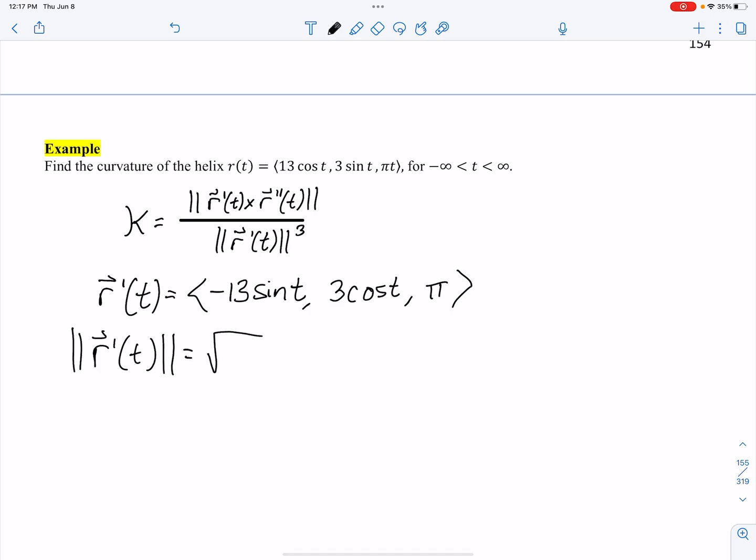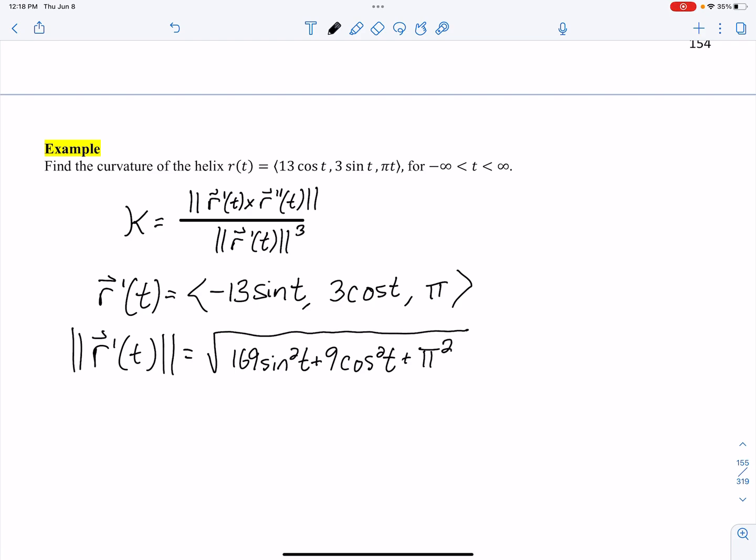Okay, so we're going to get the square root of 13 squared is 169 sine squared t. Right, and then I square the next one. I got 9 cosine squared t. And then I have pi, and those should all be pluses in between. Sorry, my brain was thinking about something else. Pi squared. There we go.